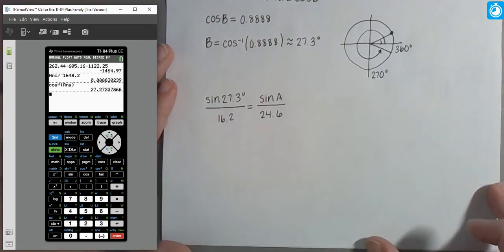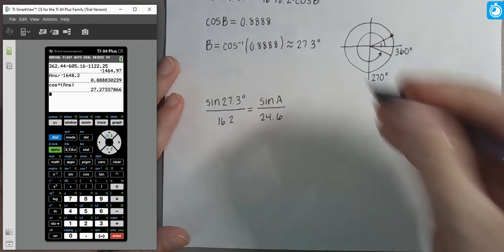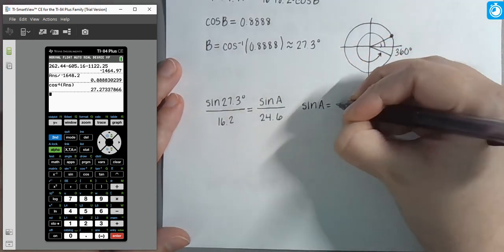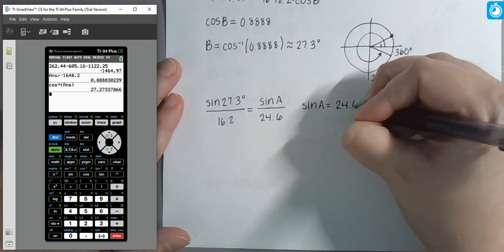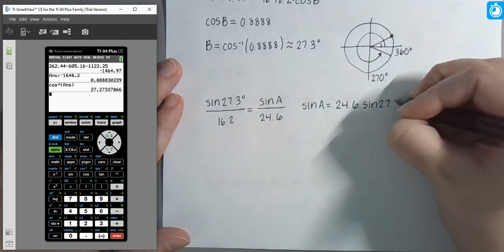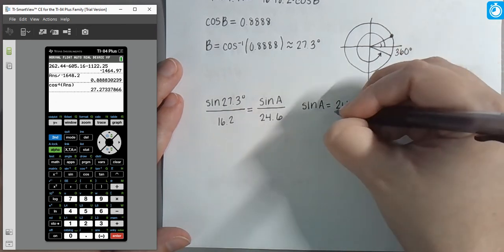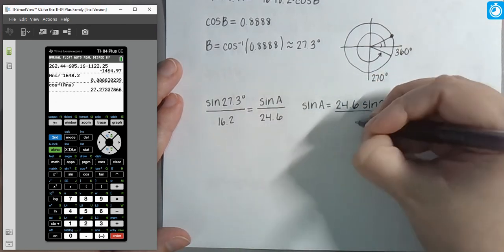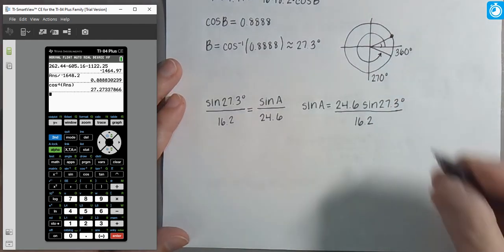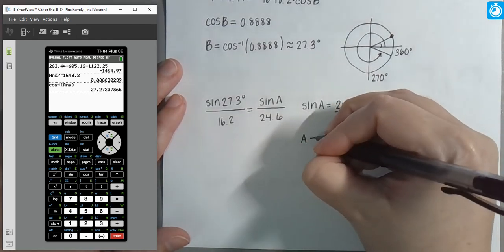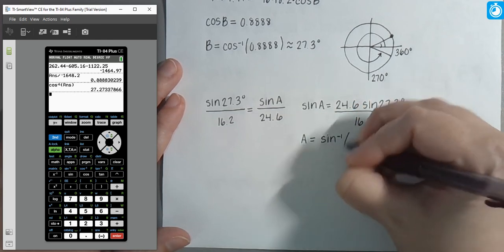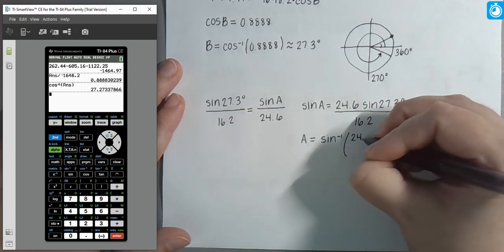Okay, so now we need to isolate the sine of A. So sine of A is equal to 24.6 times the sine of 27.3 degrees divided by 16.2. So that means angle A is going to be the inverse sine of this value, whatever this value happens to be.